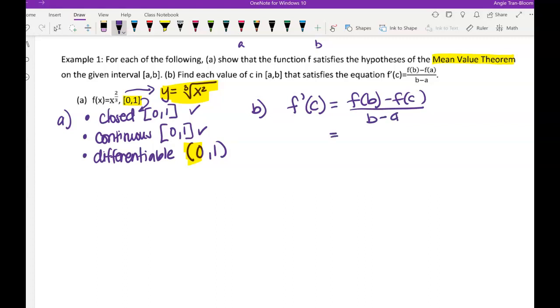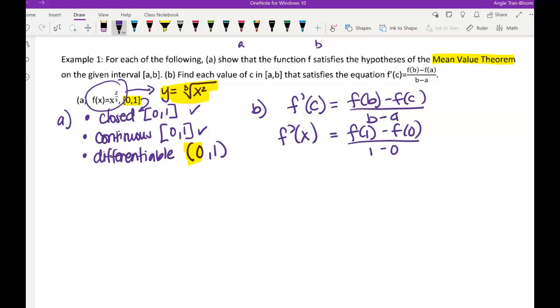So we can do the right side first. f of 1 minus f of 0, all over b, which is 1, minus a, which is 0. Now f prime at c, we can just do the derivative of this. So f prime of x, and then we can plug in your c value later.